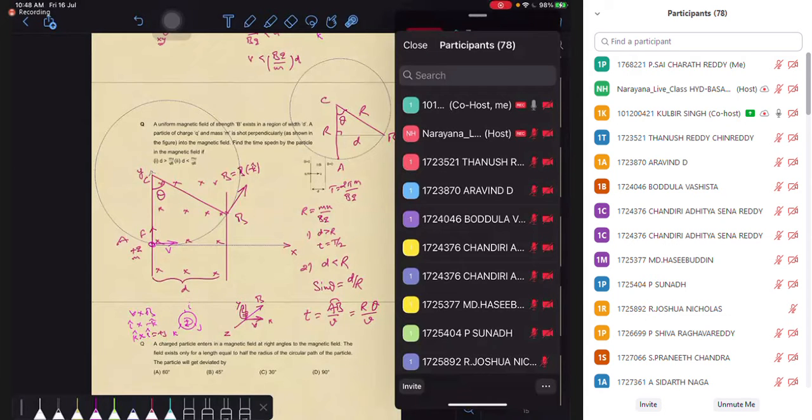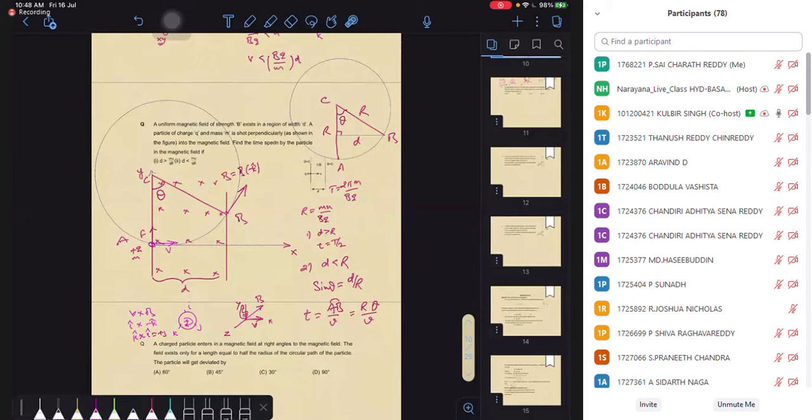I hope you understand the trigonometrical relation here. It's not tough, quite easy. But related to this concept, there are a lot of questions. In fact, many questions you can find in the books. Many different questions could be designed. They can ask how much the particle has been deviated.